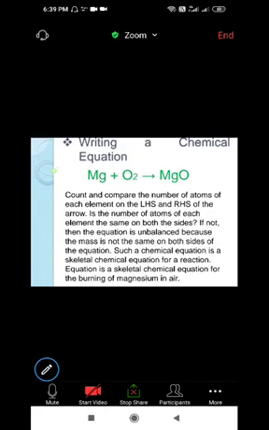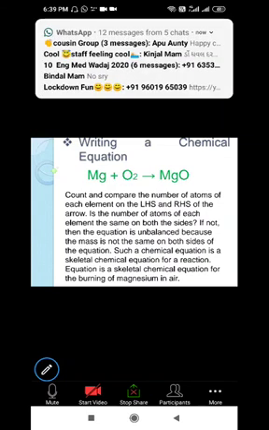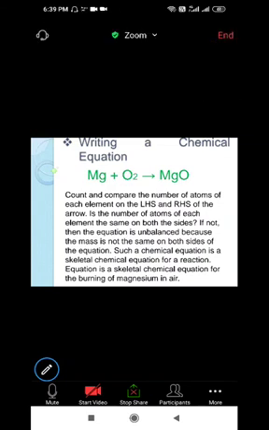See, writing a chemical equation, we have just given an example of the word equation, right? In the word equation, we had magnesium plus oxygen. So we actually wrote magnesium, right? But do you think we need to write the full word magnesium?